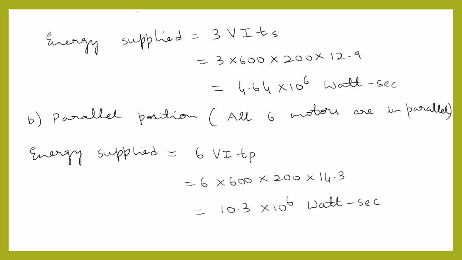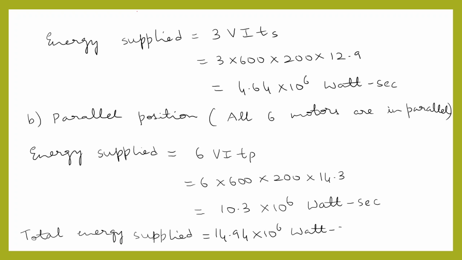Therefore, the total energy supplied is equal to 14.94 into 10 to power 6 watt second. The total energy supplied in kilowatt hour is 4.15 kilowatt hour.